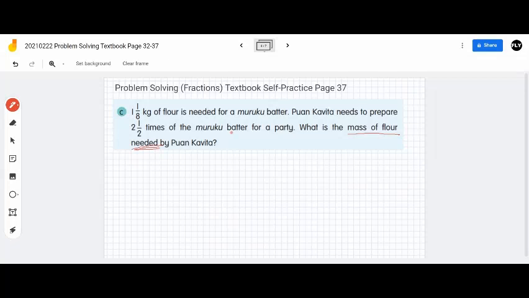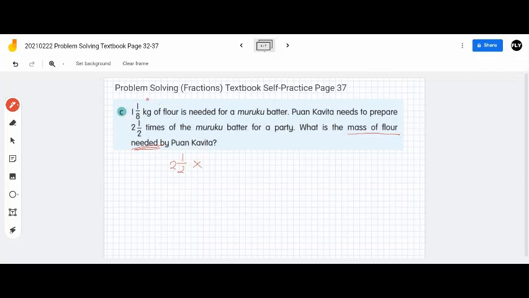So Puan Kavita needs to prepare. It means that Puan Kavita will be using 2 1/2 times of the murukku batter for a party. So 2 1/2 times. Times also means multiply. Times what?